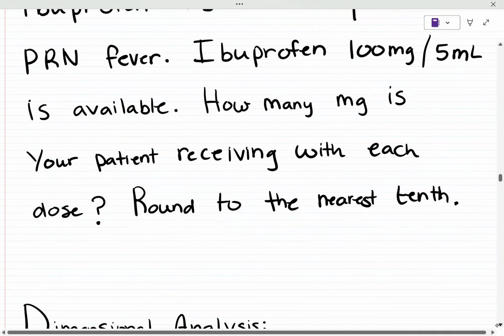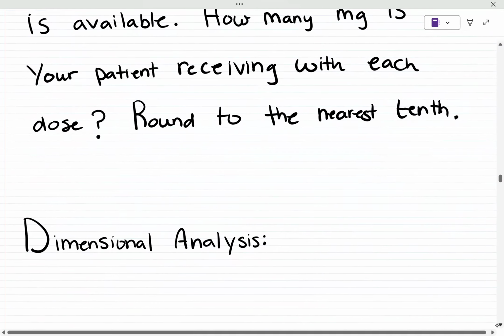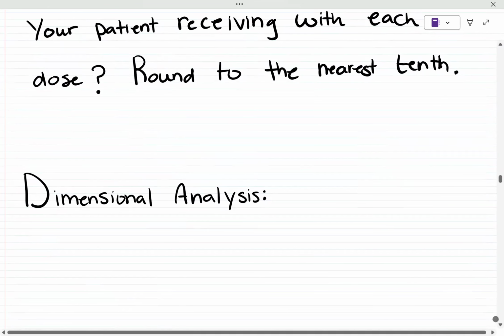So let's start with dimensional analysis. Our final answer is how many milligrams? I don't think there's a double conversion. So we start with 7.5 milliliters times a fraction, with milliliters on the bottom and milligrams on the top.